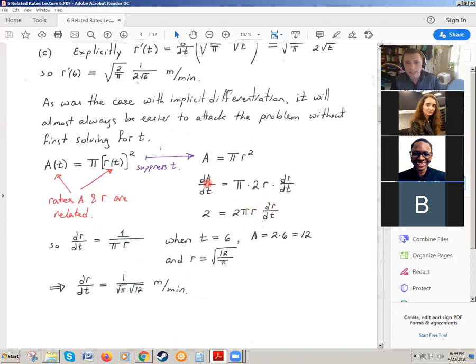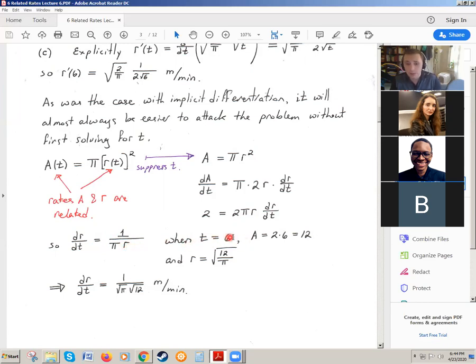So dA/dt is always equal to 2, because the speed with which A is changing is always 2. It's given as 2. Now the speed with which r is changing varies. So I have this equation: 2 equals 2 pi r dr/dt. Thereupon I divide by 2 pi r and I obtain that dr/dt is 1 over pi r, right? And then I can solve the following.